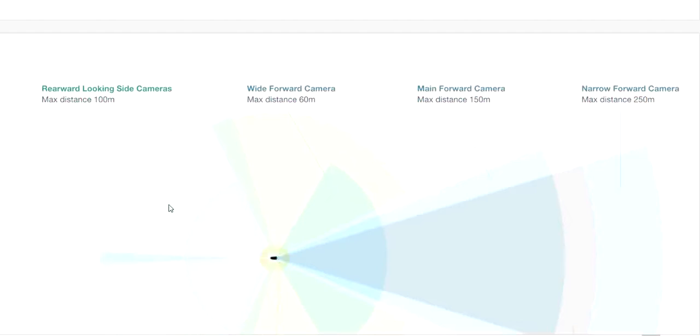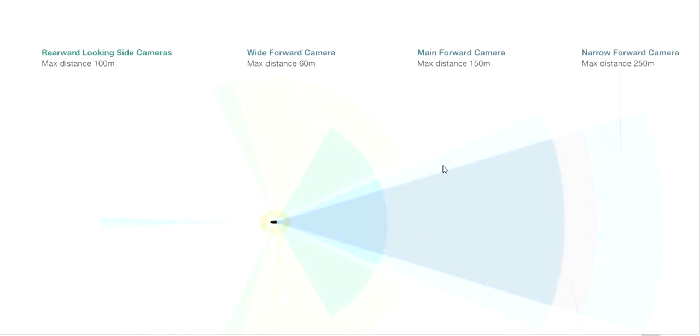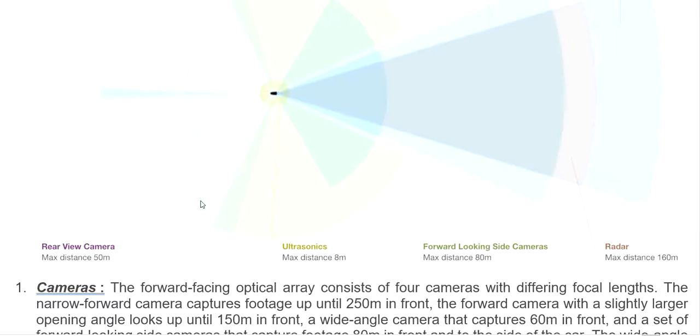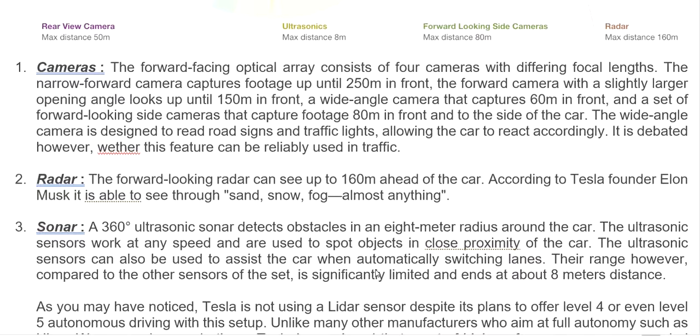All right, so you can see the narrow forward camera with maximum distance of 50, the main forward camera 150, the wide forward camera, and the rearward looking side camera. All the Tesla cars are covered by cameras. And not only that, they combine with radar at a maximum distance of 160 meters and ultrasonic at a maximum distance of 8 meters. So in the Tesla car, they really focus on the camera.